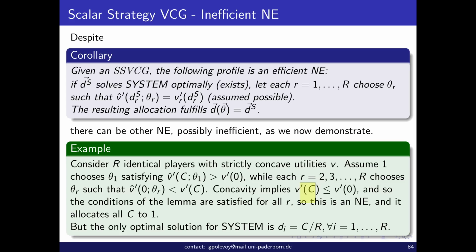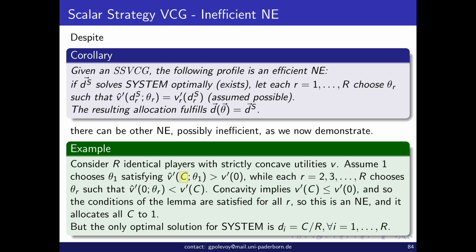It's a calculation with calculus-related things we don't do here too much. So the conditions of the lemma are satisfied for all R. So by that lemma this is a Nash equilibrium, when player 1 gets everything, and the other players don't get anything.